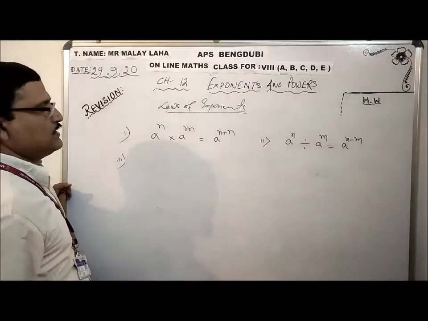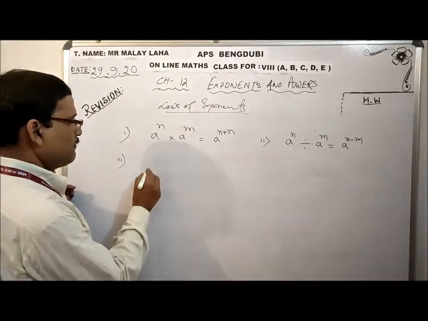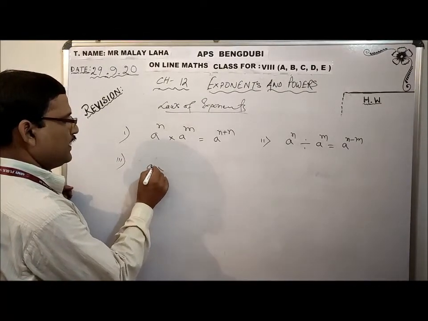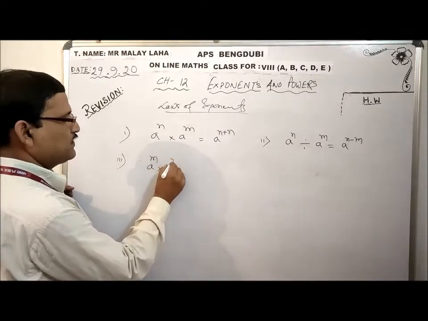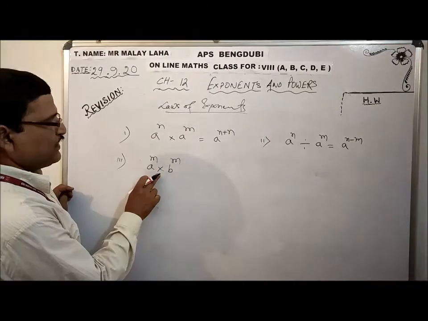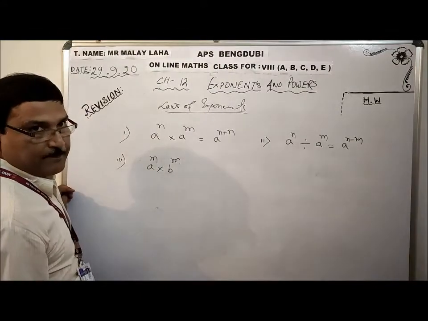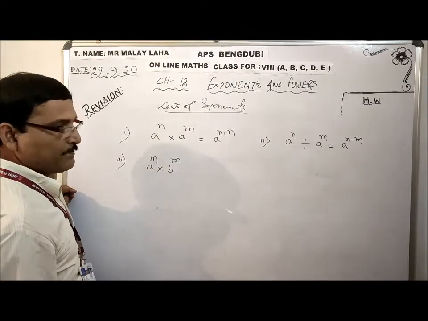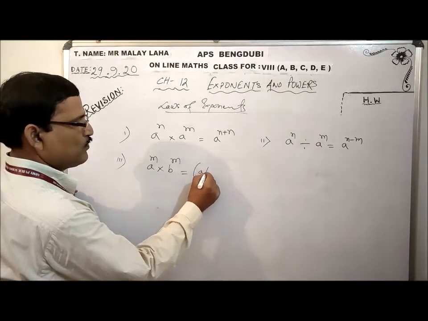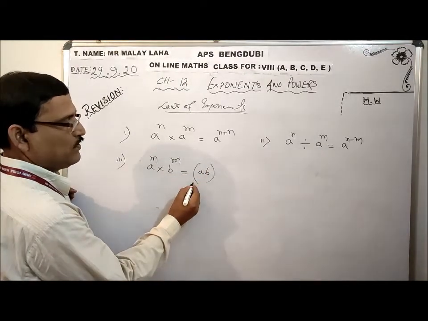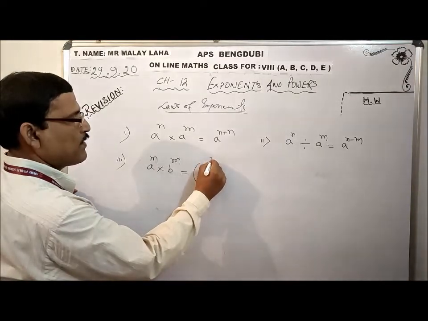Now next one is a raised to m multiplied by b raised to m. You see, it is a multiplication case and the power is the same. When the power is the same and the bases are different, in case of multiplication you have to multiply the two bases under one power m.